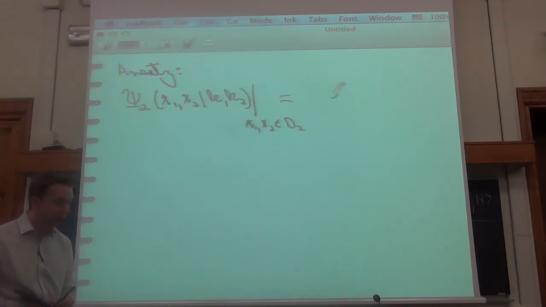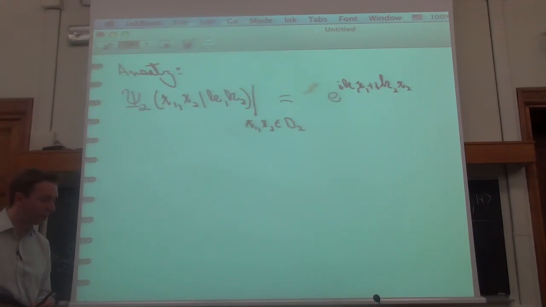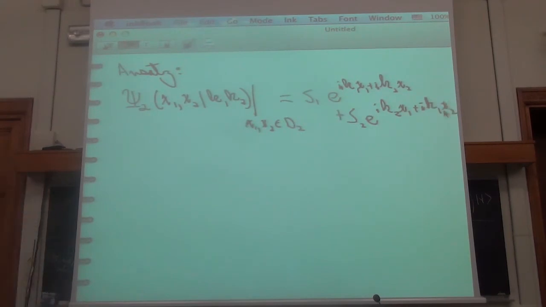First, e to the i(k1 x1 plus k2 x2) with some amplitude S1, and then also the permuted wave numbers for the two particles. These two terms give us a chance of solving the Schrödinger equation, equivalently the boundary conditions. It gives us the following condition.